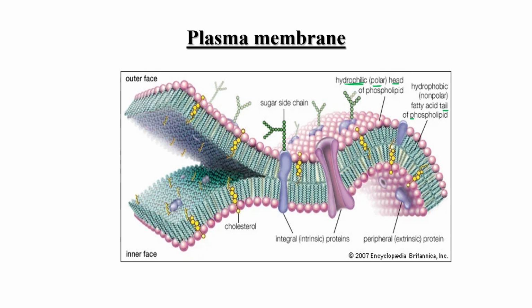In this lipid bilayer, some proteins are embedded inside, known as integral or intrinsic proteins, while some proteins are just present on the outer surface, known as extrinsic or peripheral proteins. The plasma membrane also contains some carbohydrate or sugar side molecules, which are attached to the intrinsic or extrinsic proteins, and some cholesterol molecules are also present. So this is the structure of the plasma membrane.